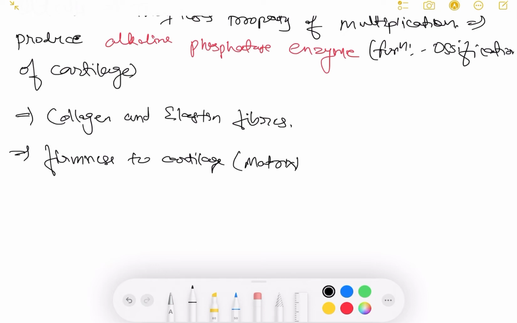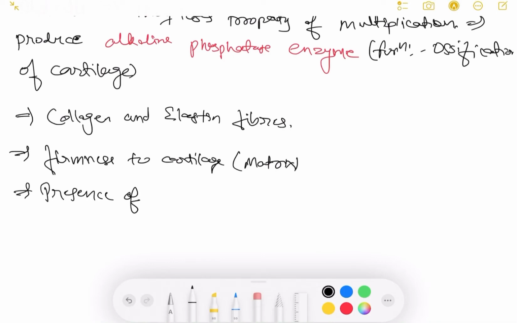Now the presence of hyaluronic acid in cartilage will give what?